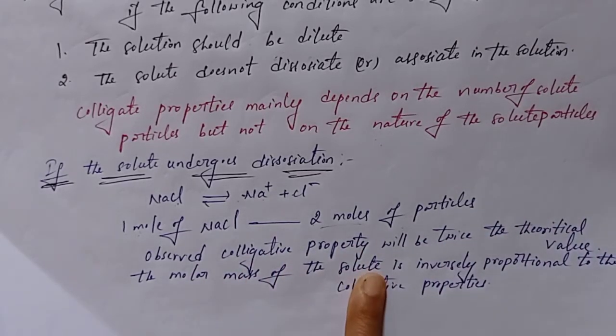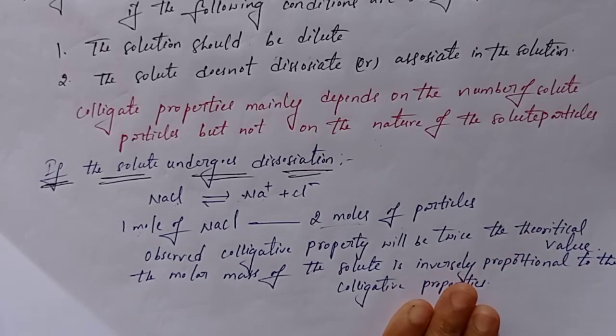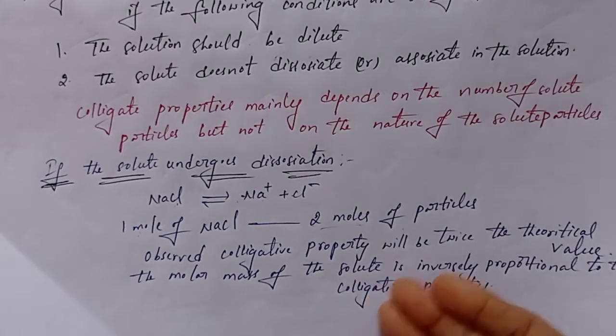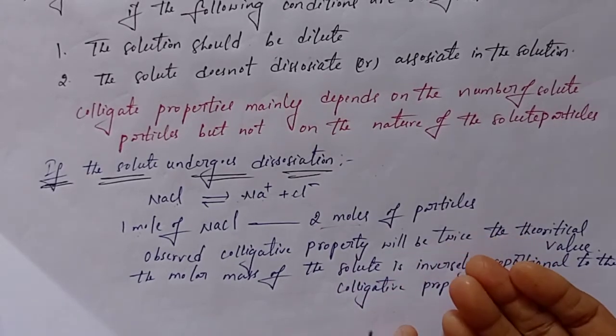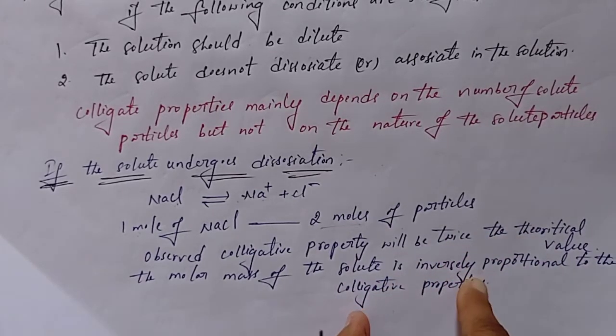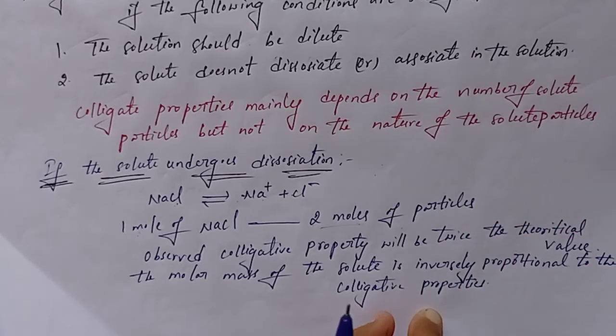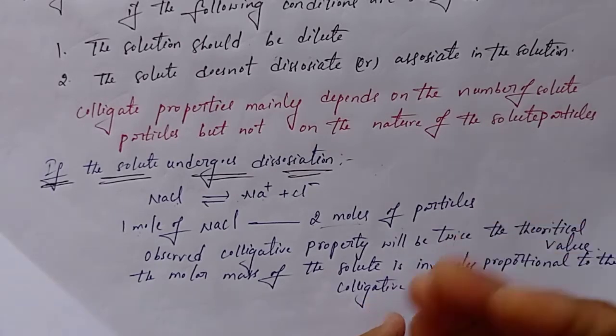The molar mass of the solute is inversely proportional to the colligative property. Colligative property becomes twice. Then what about the molecular mass, students? It is inversely proportional, so it decreases. That means the observed molecular mass will be half the theoretical value.